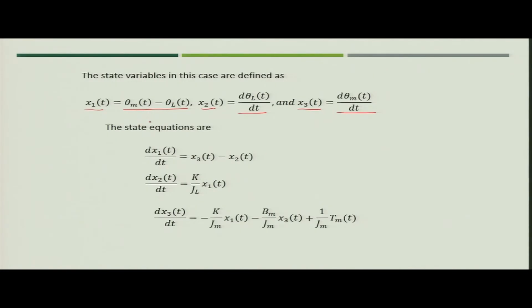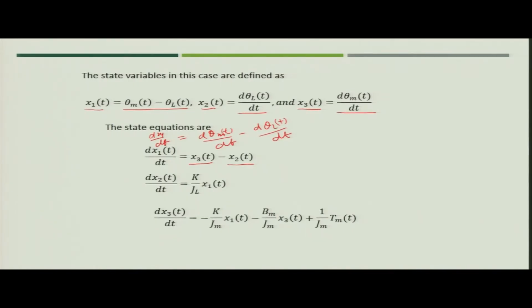So, when you differentiate, you will write dx1 by dt equal to d theta m by dt minus d theta l by dt. Now, this d theta m by dt we have considered as x3, so we write x3 in place of d theta m by dt, and similarly d theta l by dt is written as x2.